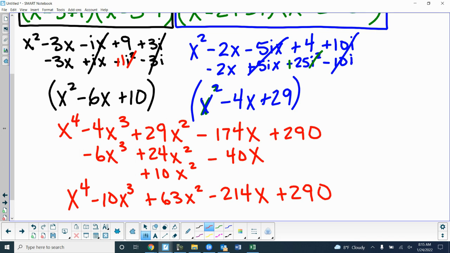But when I was a senior in high school and had to do this stuff, I'd have to find all the factors of 290, all the factors of 1, and write fractions out of all of those, and then start using the synthetic division to see which ones work. And keep trying.